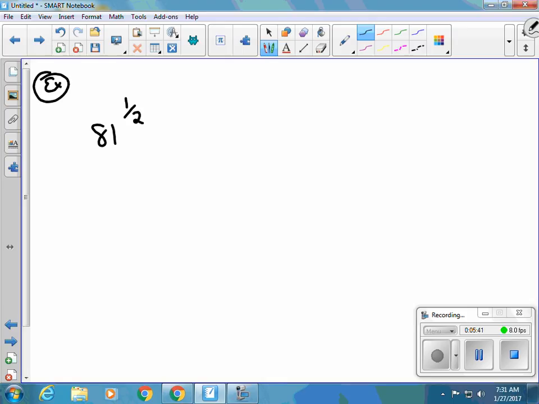So what exactly does this mean? This means that I'm going to have x to the power of 2 equal 81. Okay, well, what squared equals 81? x has to equal 9.